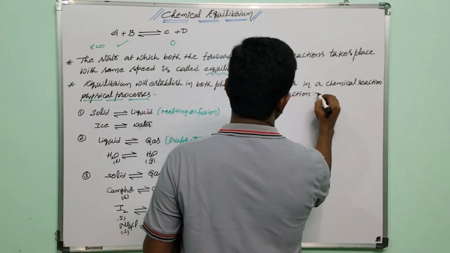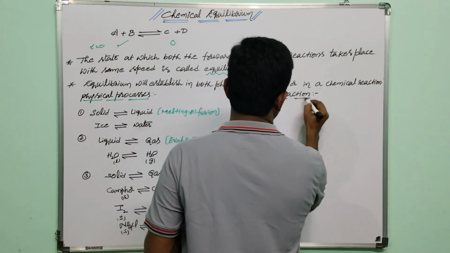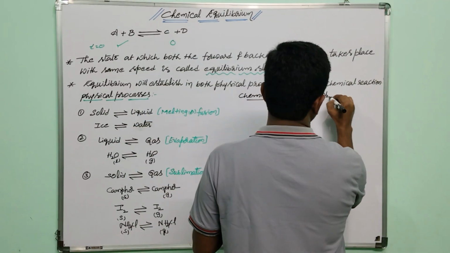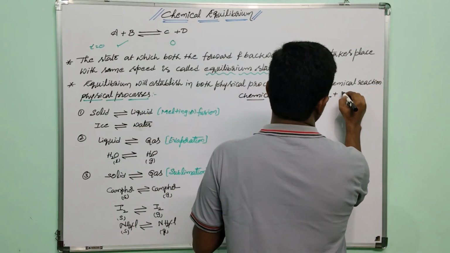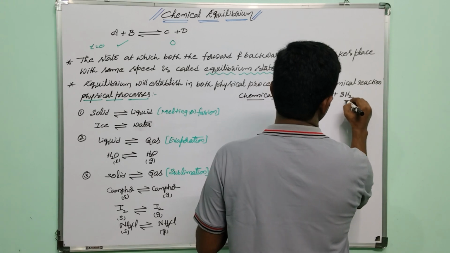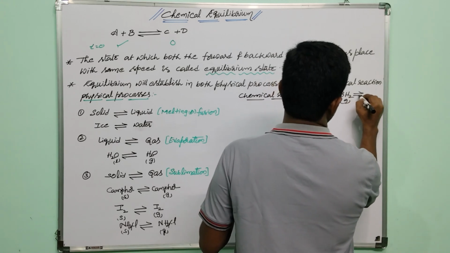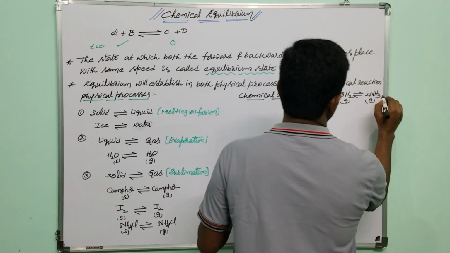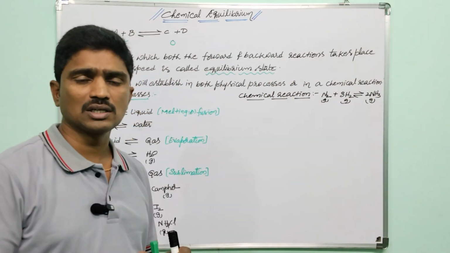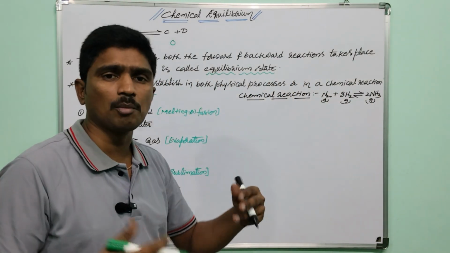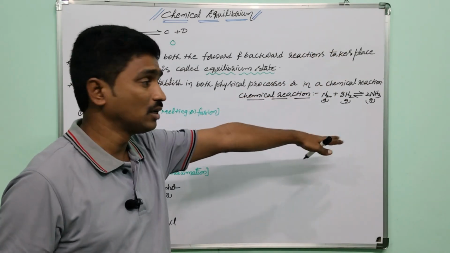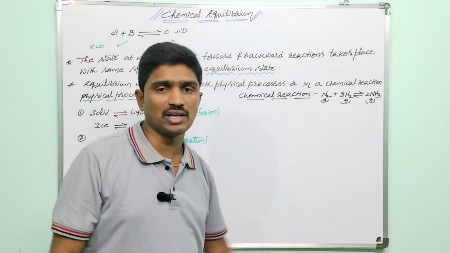See how an equilibrium will exist. For example, let us take a chemical reaction like N2 gas combines with hydrogen gas to give ammonia gas. A chemical change, a reversible reaction, so equilibrium will exist.